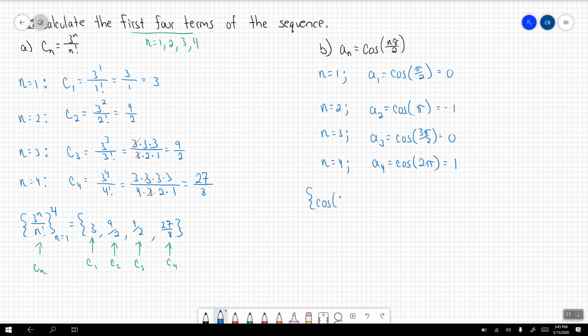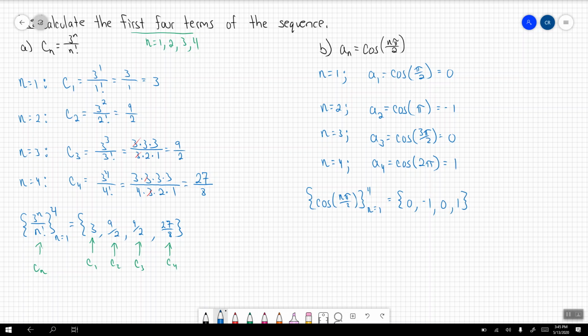Well, this is going to be cosine of n pi over 2. We're going to start at n is equal to 1, and we're going to go all the way to 4, which means the sequence of numbers that we're generating here is 0, negative 1, 0, and 1.